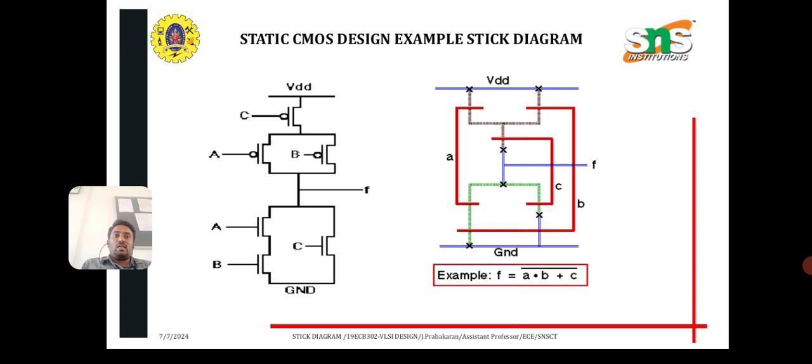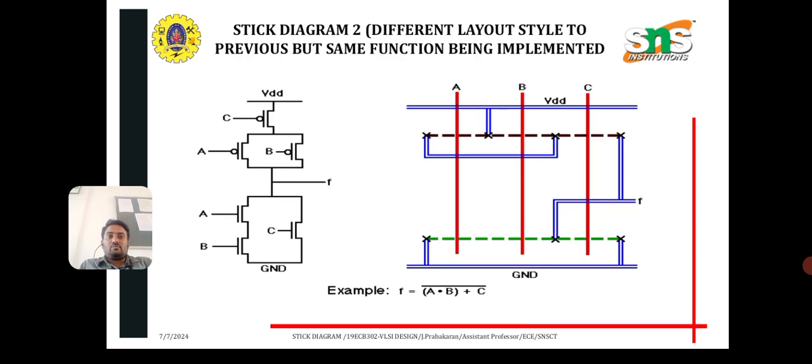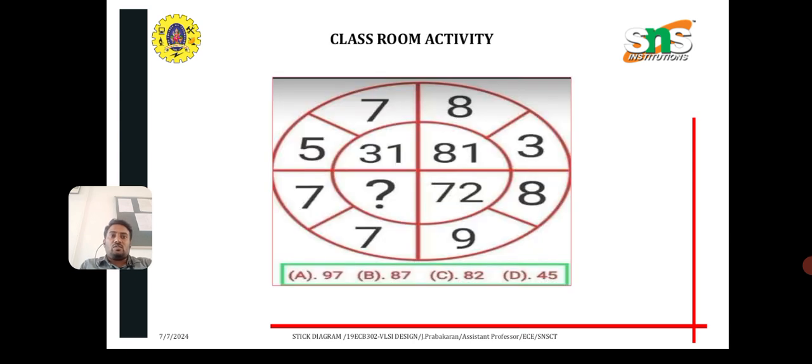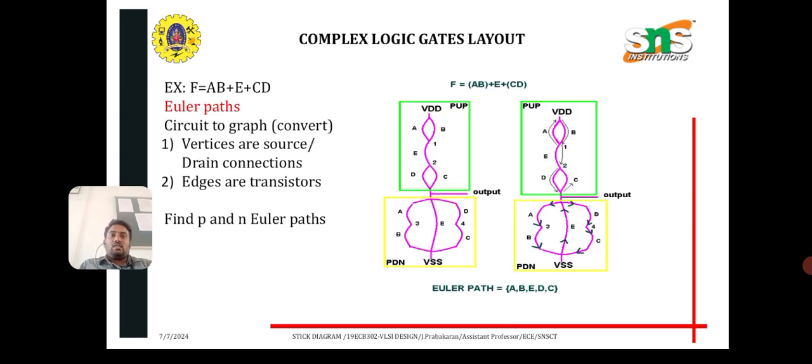Pull up network style employs a pull up network using PMOS transistors and a pull down network using NMOS transistors to achieve robust logic level and noise immunity. Here is diagram 2, complex logic gates layout.